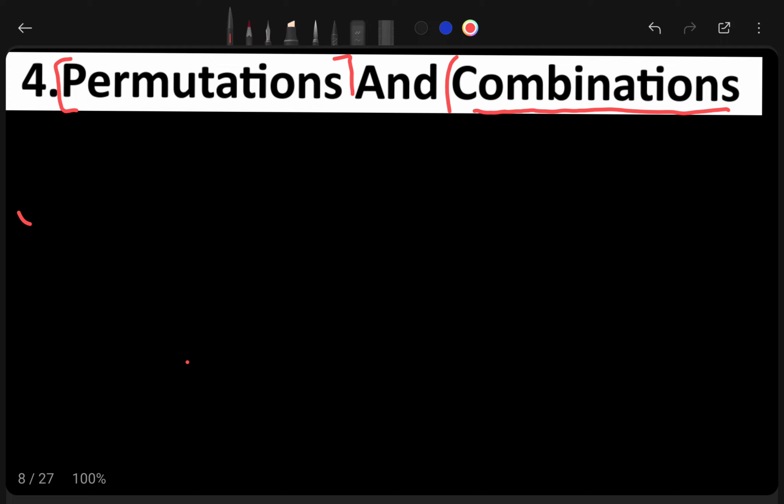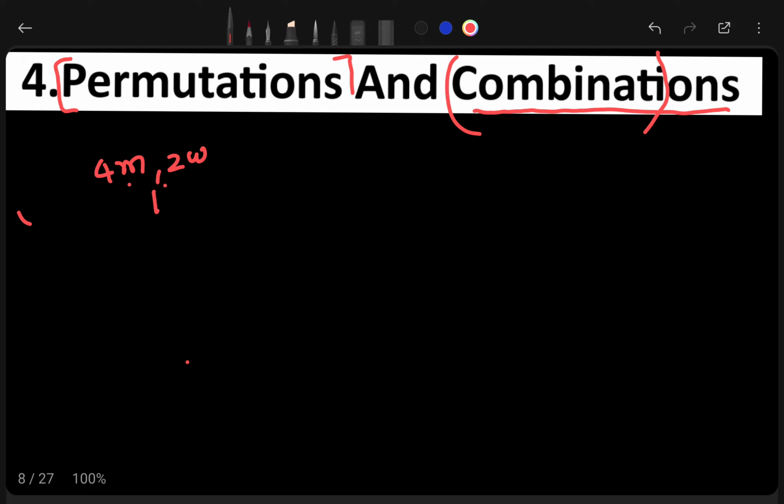As the name suggests, combination. In cricket we will be listening to this term, combination. See, what happens in combination is, suppose I have 4 men and 2 women.